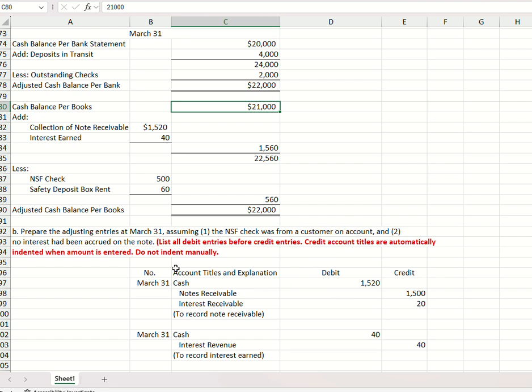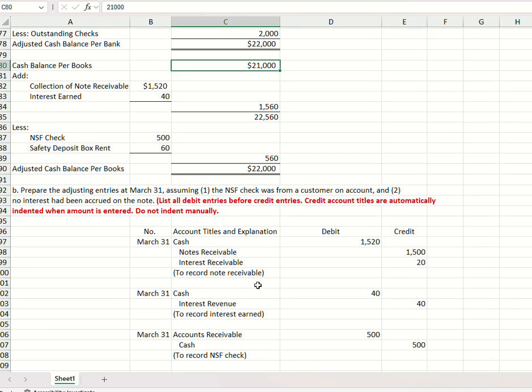Part B asks you to prepare the adjustment entries, assuming one, the NSF check was from a customer on account, and two, no interest had been accrued on the note. So for the first one, if you had cash of 1,520 that you were expecting and the bank told you received it, you have to debit your cash.